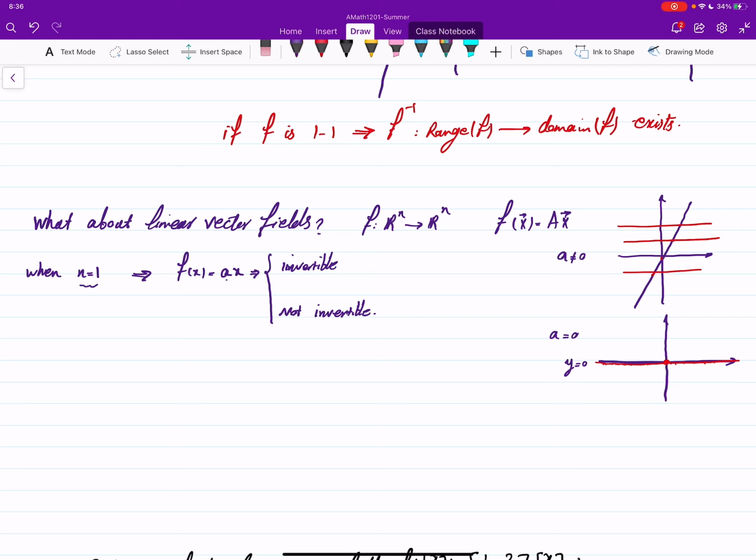The first step here is to see this interesting fact that says you don't need to check all the values.